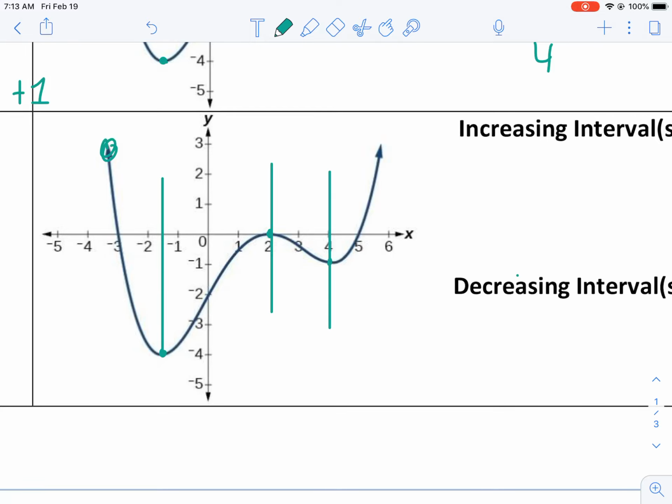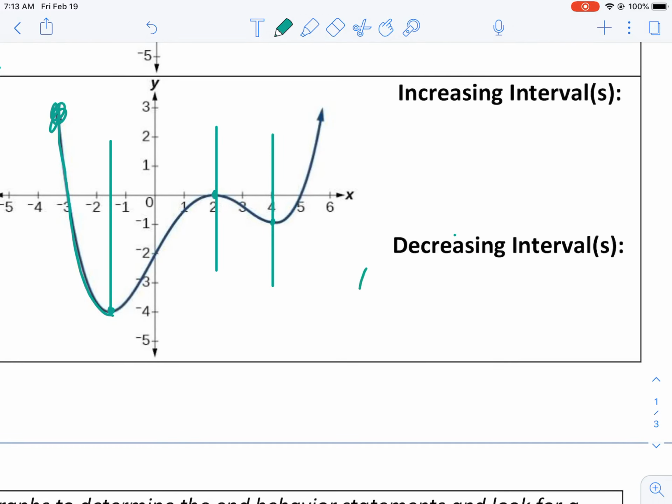All right. You're going to start with your arrow, and then, okay, we're going down, right? So up to the first turning point, we're going down. Remember, arrows always mean infinity. So on the left, you're always starting with negative infinity. So we're going from negative infinity to -1.5, okay? Then we start going up, and we go up until 2. So our increasing interval is -1.5 to 2.